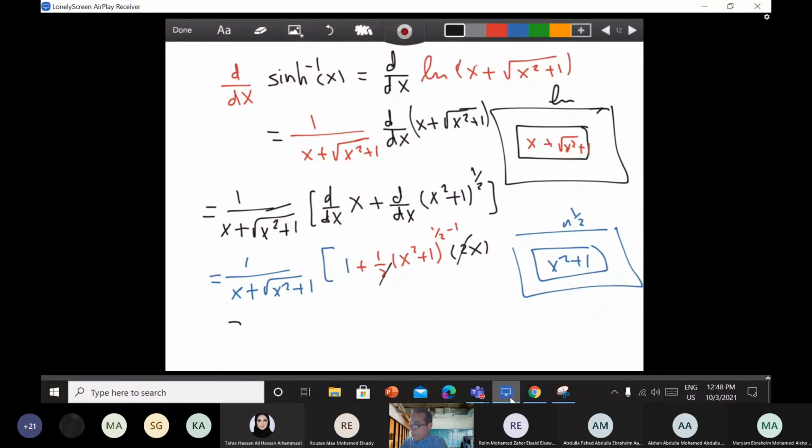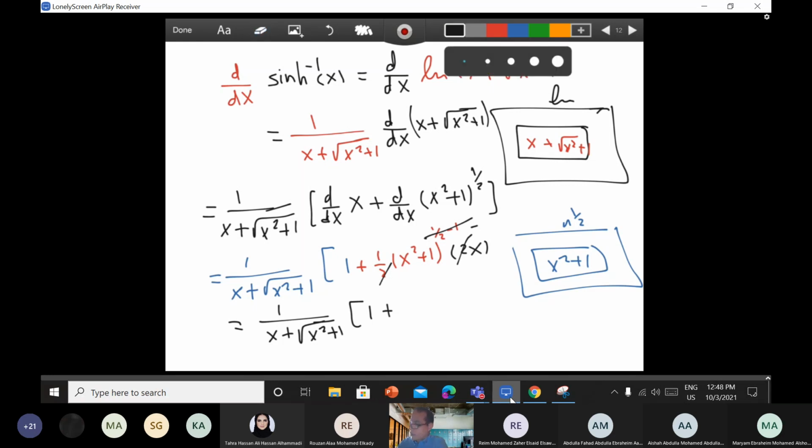And here you have 1 plus x. Remember, this will be to the minus half. So when you have the power minus half, you can get it down by positive half. So you have 1 over x squared plus 1 to the power half.